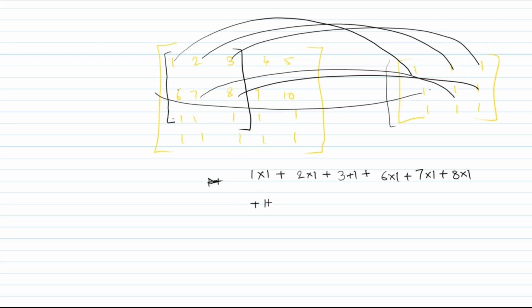Likewise, again 1 multiplied with 1 plus 1 multiplied with 1 plus 1 multiplied with 1 plus 1 multiplied with 1. So here you will get 1 plus 2, that is 3, plus 3 is 6, 6 so 12, and so on up to 31. So the answer is 31 for this block.